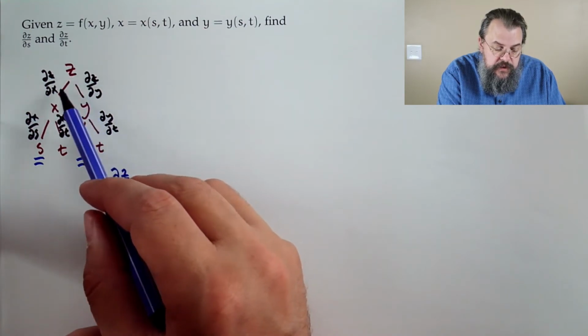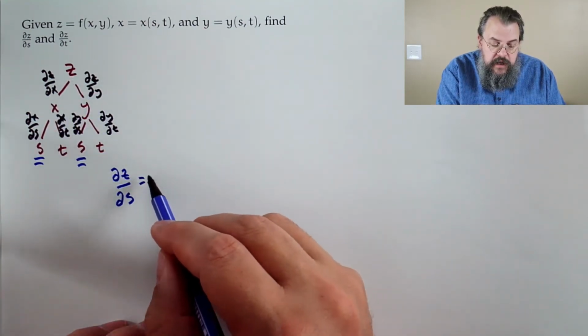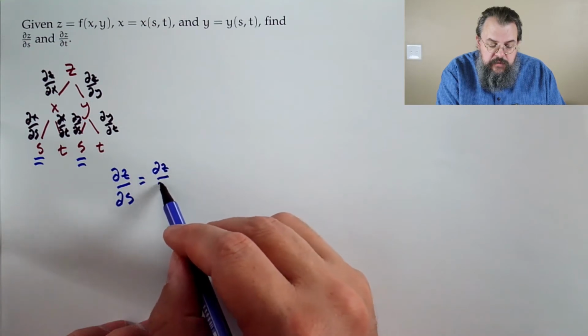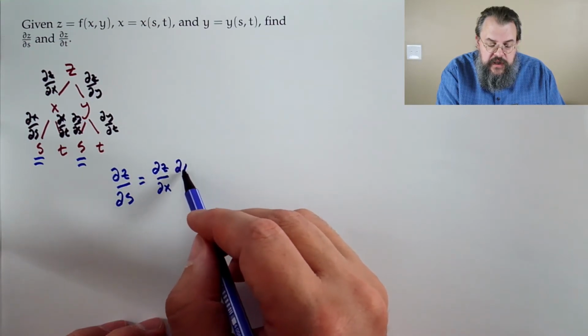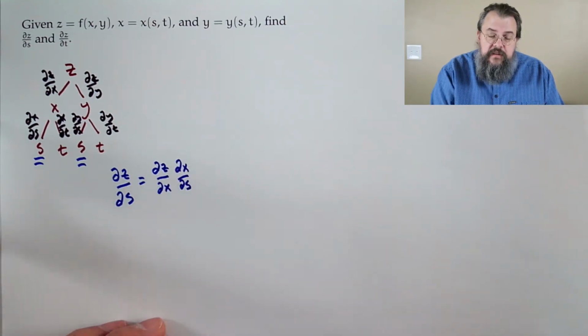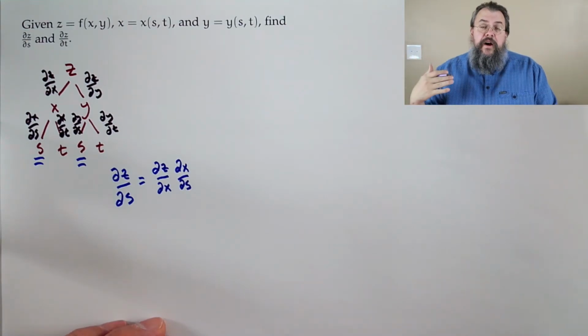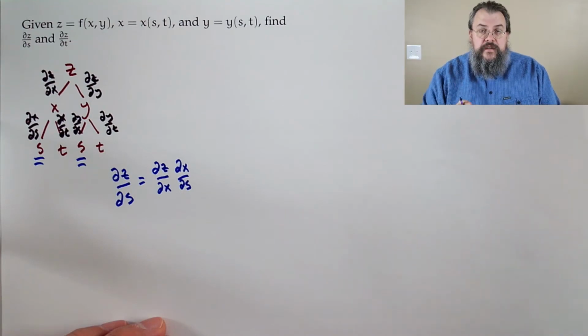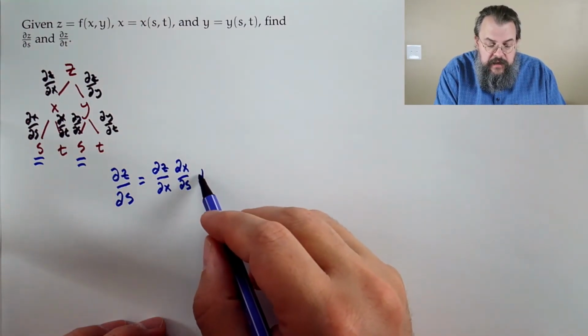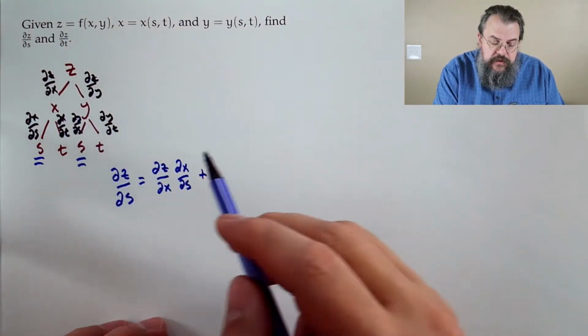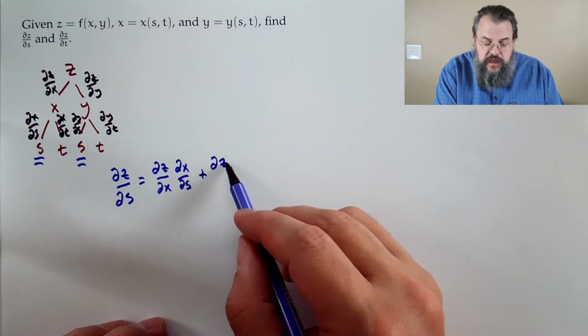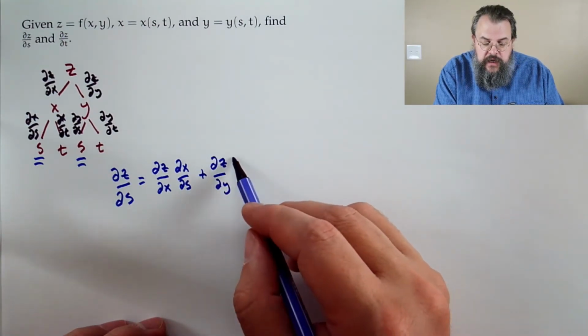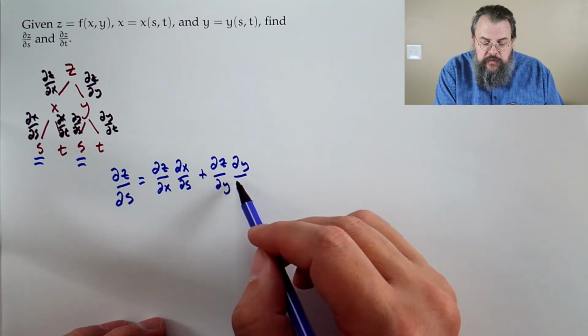So there's through x, so that would be partial z, partial x, partial x, partial s. So that's the way you can think of it is, how does s affect z through x? Add to that, and then you go the other route down. Partial z, partial y, partial y, partial s.